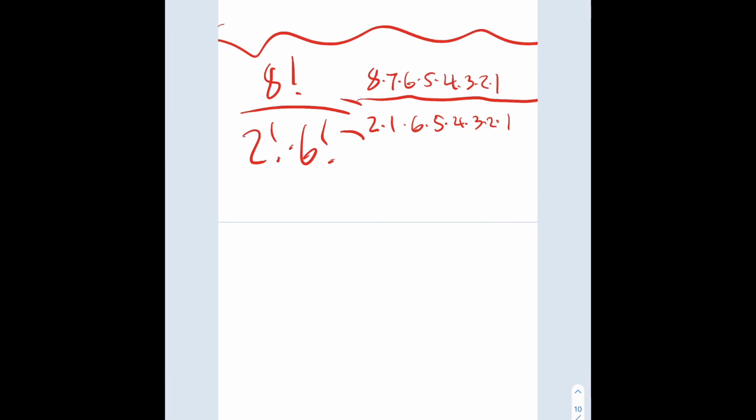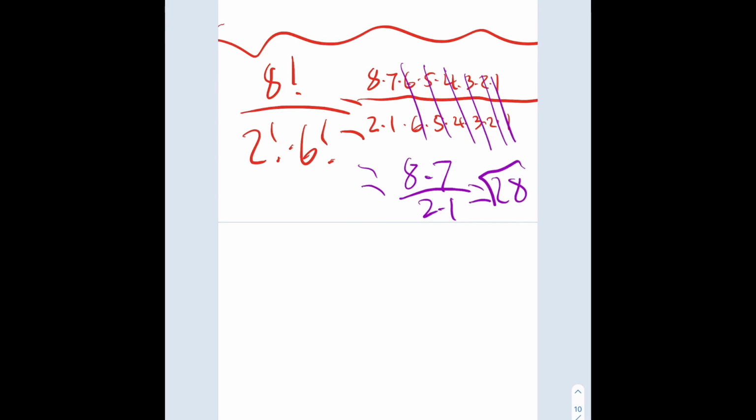Now, I can cancel out all types of things. So really, all I have is 8 times 7 over 2 times 1, which is going to equal 28. So you can cancel out a lot of things in your expression to save yourself a lot of calculator time.